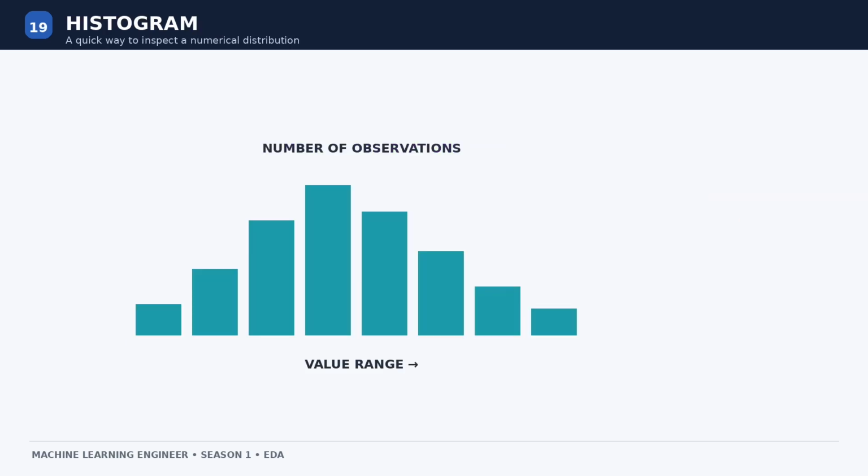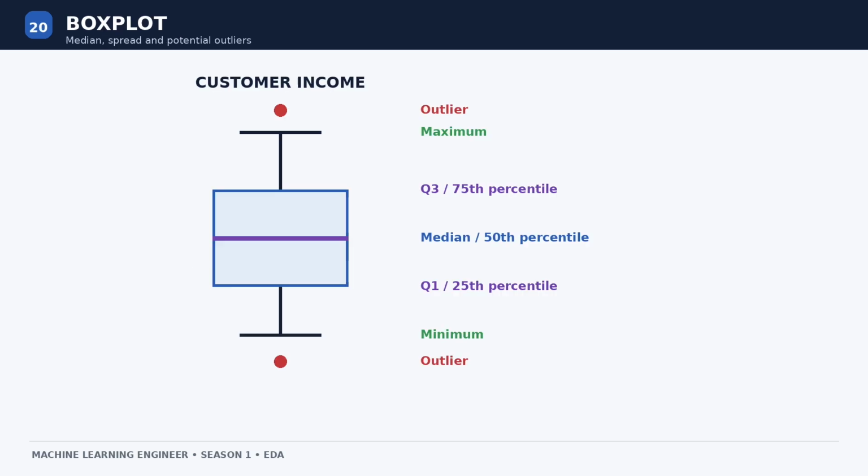A histogram is one of the simplest and most useful EDA visualizations. It divides values into ranges and shows how many observations fall into each range. It can quickly reveal concentration, spread, skewness, and possible outliers. Another useful visualization is the box plot. It gives us information about the median, the spread of the data, and potential outliers.